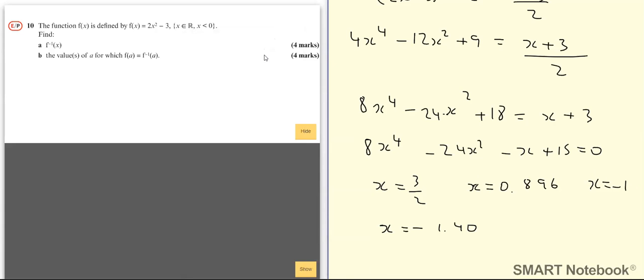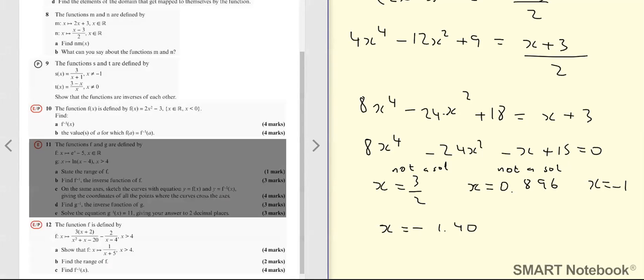Now, in the question, it did say that your x values are less than 0. So I'm guessing that these ones here are not going to be a solution. Check that here. Let's do it again.